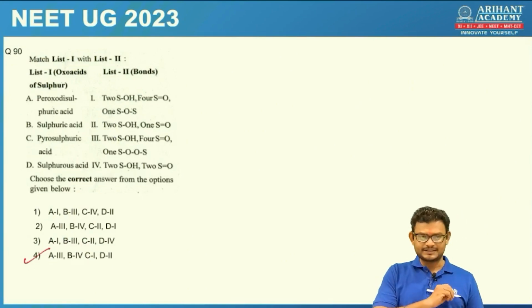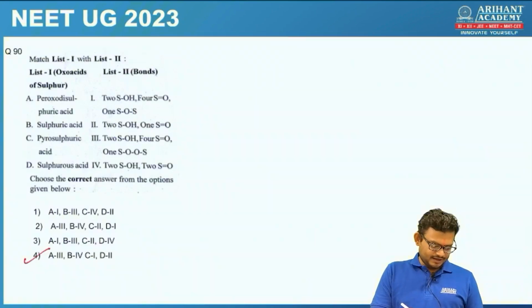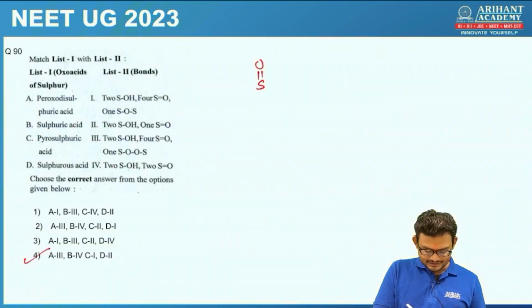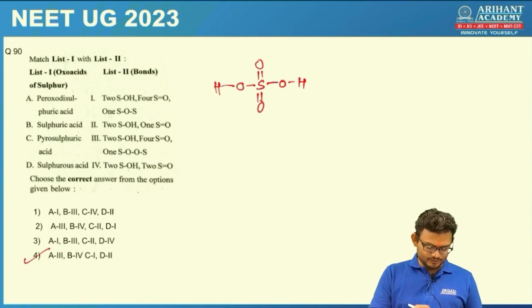They have given a match the following like kind of a thing. We are given peroxy disulfuric acid, sulfuric, pyrosulfuric and sulfurous acid. The correct option here would be the fourth one. काफी simple सा question था. If you observe sulfuric acid, option B, this is the structure. And sulfuric acid, if you look at the structure, you have 2 S double bond O and 2 SOH.